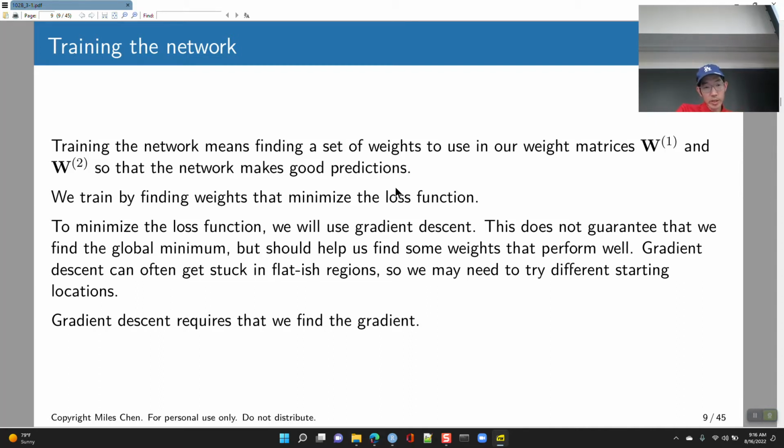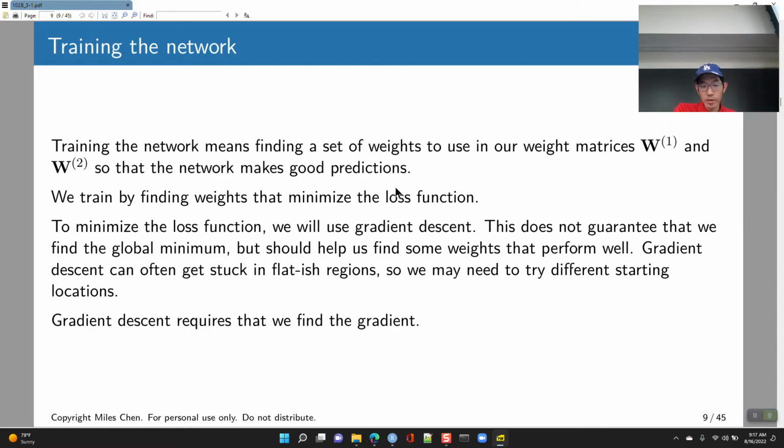An issue with gradient descent is that it doesn't guarantee that we're going to find the global minimum, but a lot of times it helps us find values that perform well. We also saw some of the limitations of gradient descent. Depending on your learning rate, you could end up bouncing all over the place and not converge.